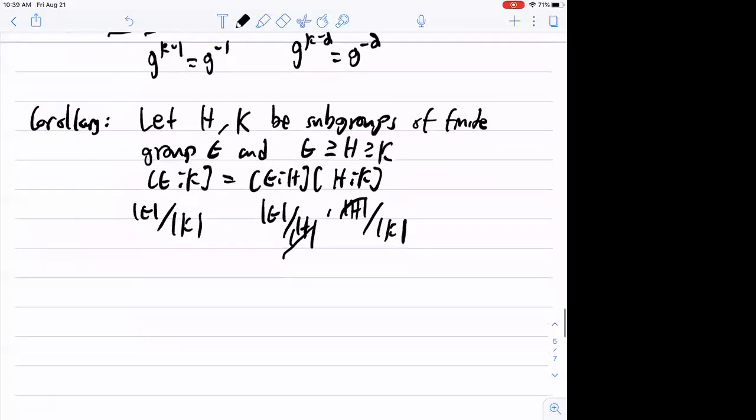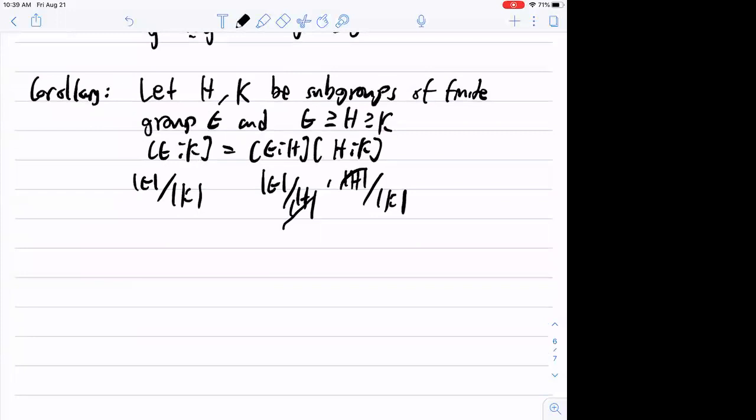Okay. So note the converse to Lagrange is false. Remember, if I have a group G of order n, any subgroup must have order dividing n.